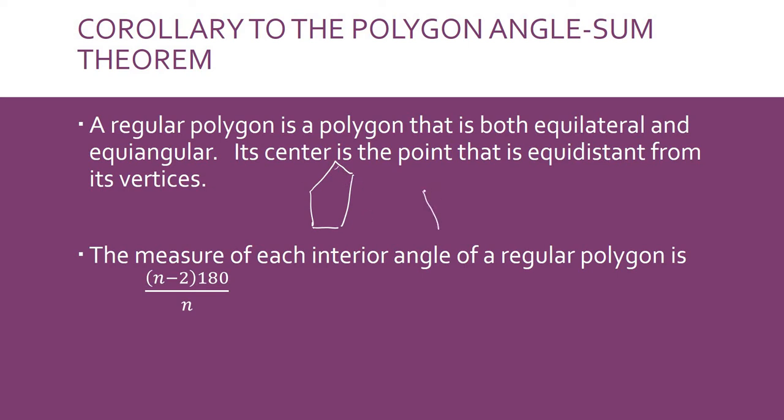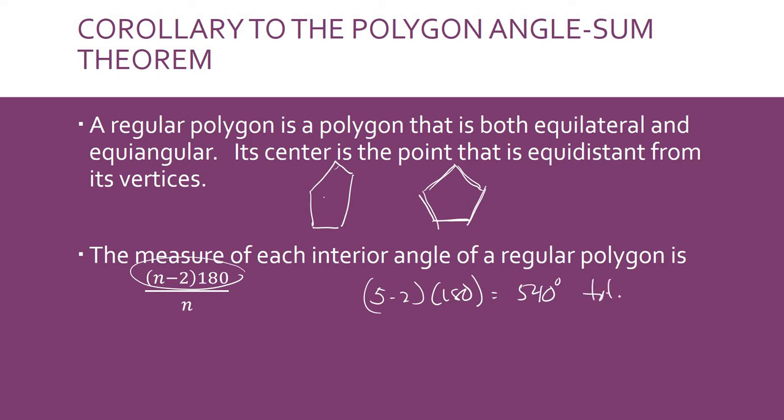But if I can draw a perfectly regular polygon where all of the sides are the same length and all of the angles are the same, then the measure of each individual interior angle is the measure of all of the angles divided by the number of sides. So both of these have 5 minus 2 times 180, which again was our 540 degrees.